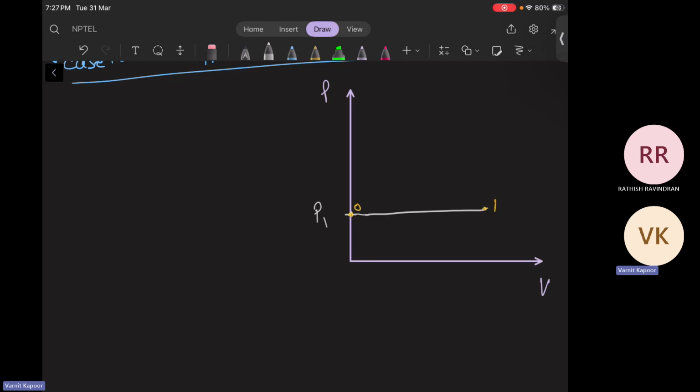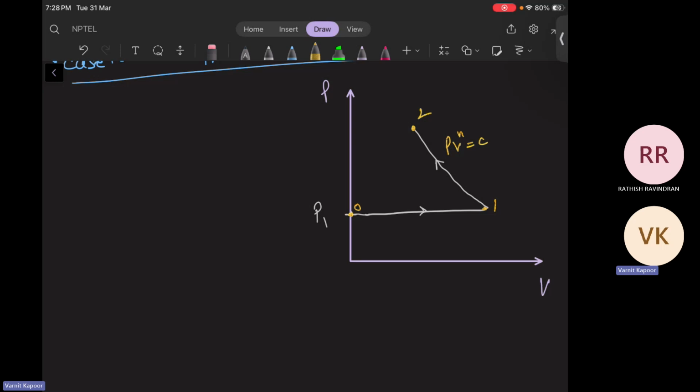Then pressure was increased and volume was decreased, let us say by a polytropic law, PV raised to power n is equal to constant. And this is stage 2.